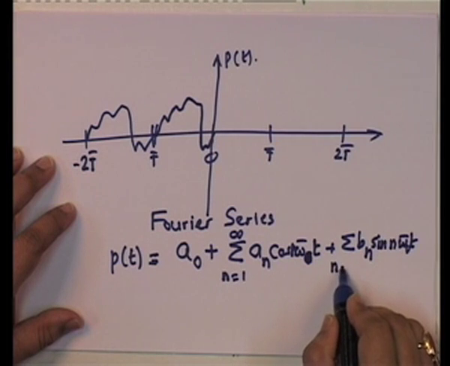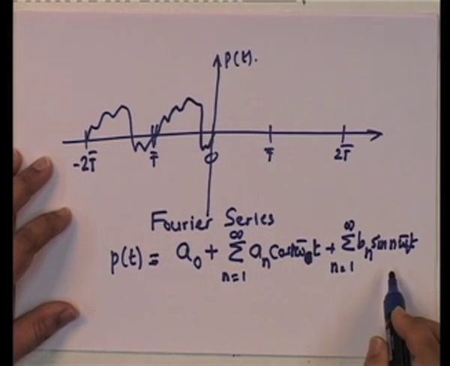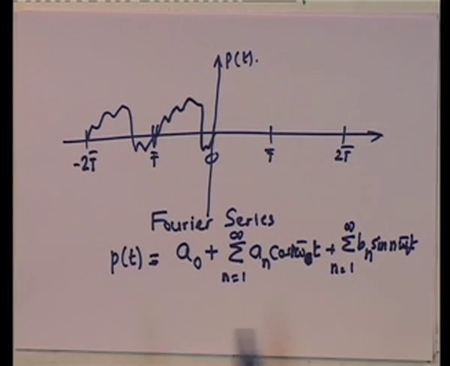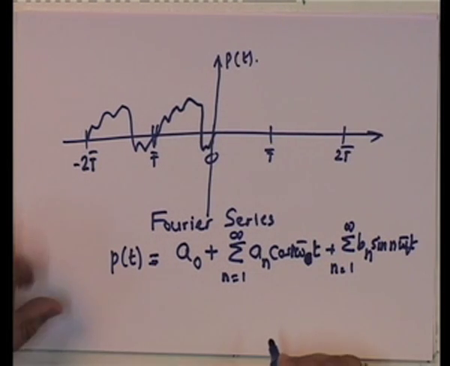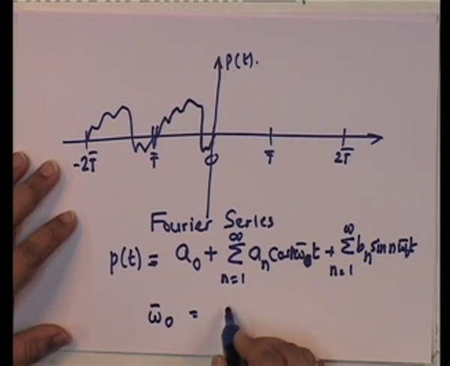This again is going from 1 to infinity. This is an infinite Fourier series, and any periodic loading can be written in this form. This comes from mathematics. I am not going to deal with it. It can be written in this form, where omega bar 0 is nothing but 2 pi upon t bar.